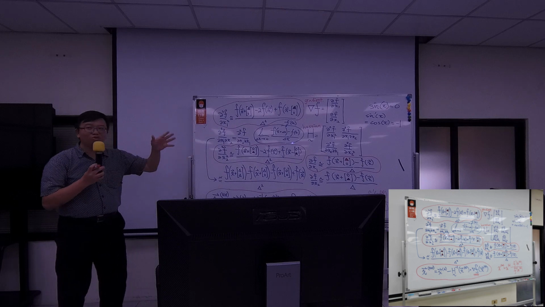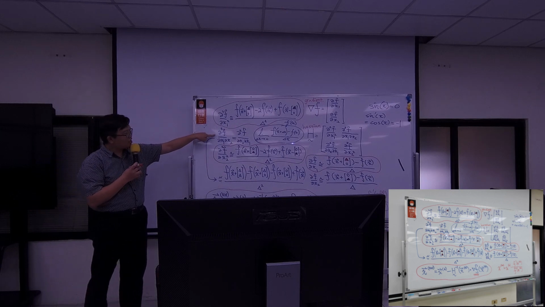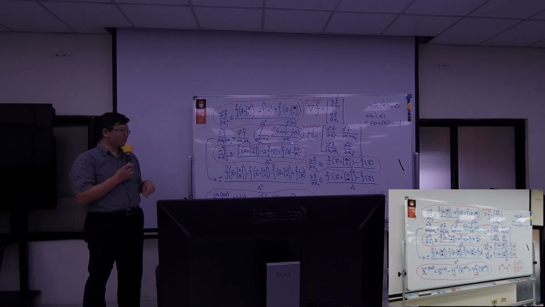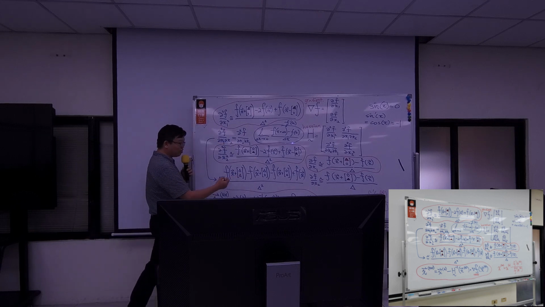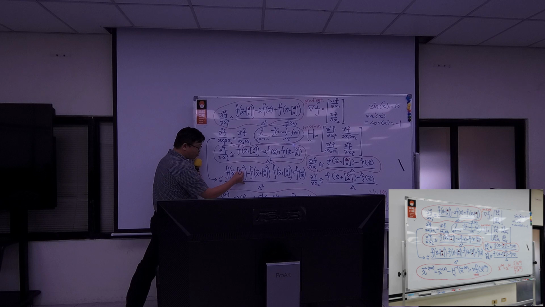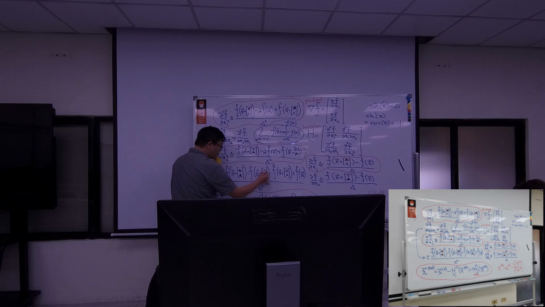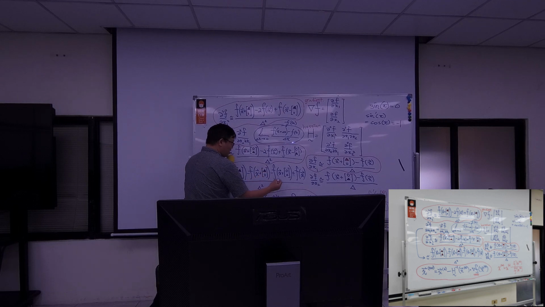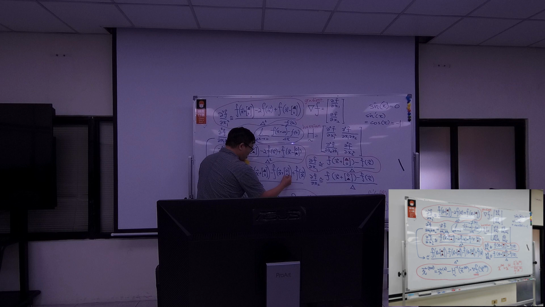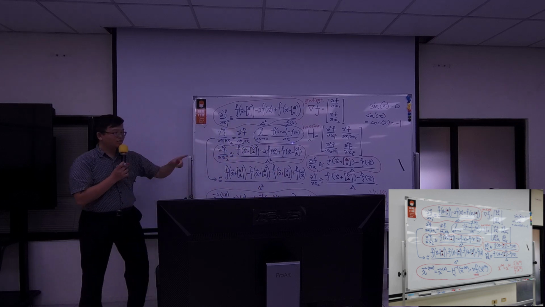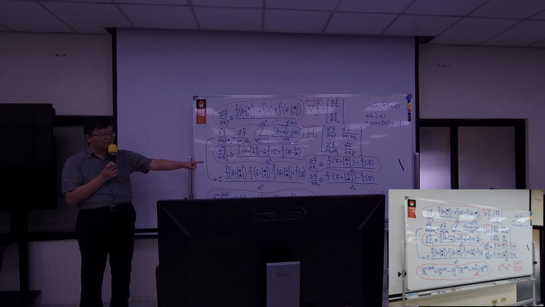Okay? The most complex one is this one. The one with x1 and x2 at the same time. So you have to have increment on x1 and x2 at the same time. Okay, minus the one with increment on x1, minus the one with increment on x2, plus the function value at its original location.